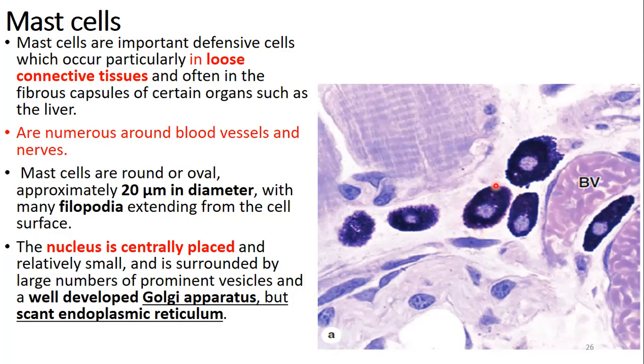Because these cells have produced those chemicals in exaggerated quantities, this person will undergo a hypersensitivity reaction where the whole body is alerted to say they are under attack.